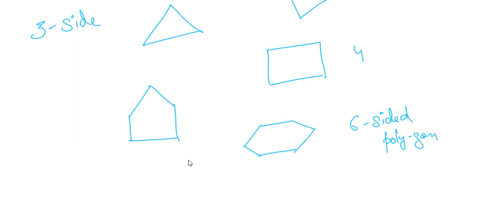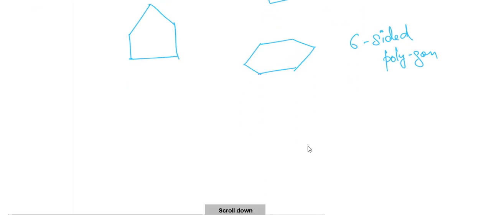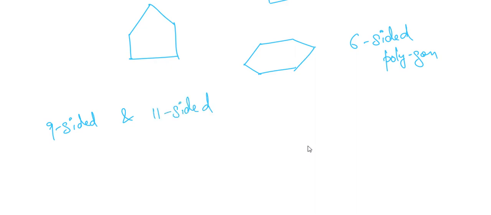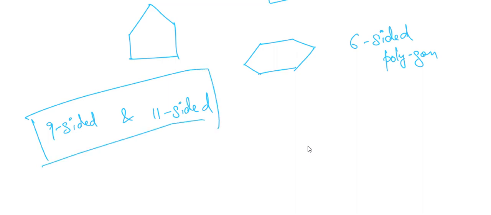Can you imagine? Can you draw a 9-sided and an 11-sided polygon? Draw it in a copy and cross verify whether you have been able to draw it or not. Please check. Yeah, go ahead.